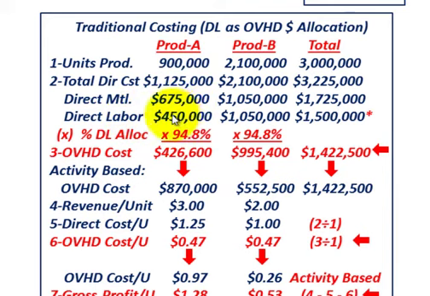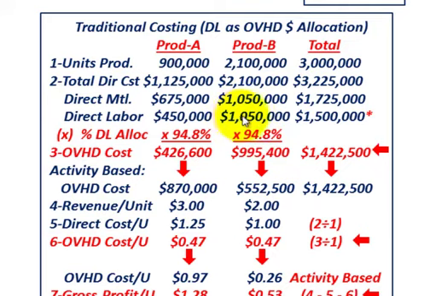For product A, we had $450,000 here in direct labor times that 94.8% here. So our indirect cost here is 94.8% of our direct labor cost here. So our overhead cost in that case is $426,600.